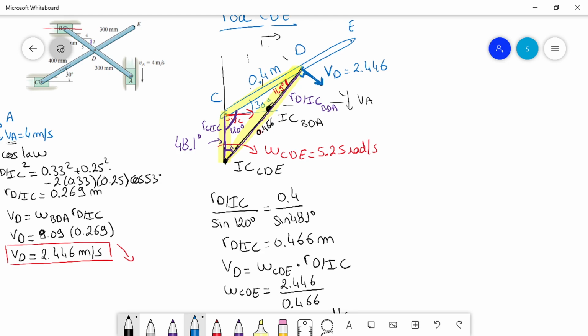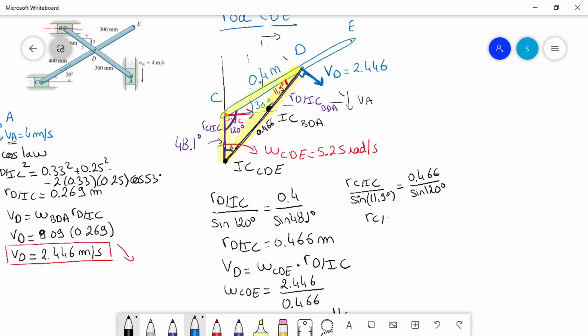Okay, so we can use the sine law. We want to find RC about IC. So this one divided by the opposite angle, that's 11.9, is equal to 0.466 divided by the sine of 120 degrees.